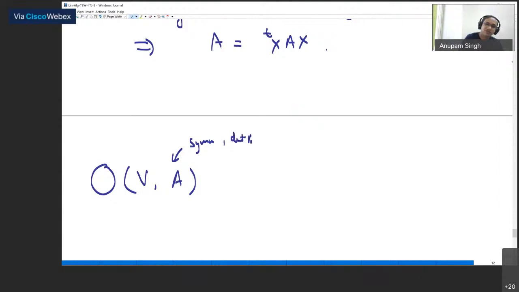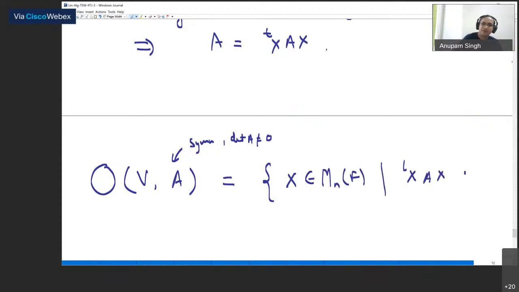Determinant of A is not 0. Remember, I said that is non-degenerate. Then I have the orthogonal group, which is simply those elements in matrices M such that X transpose A X is A.